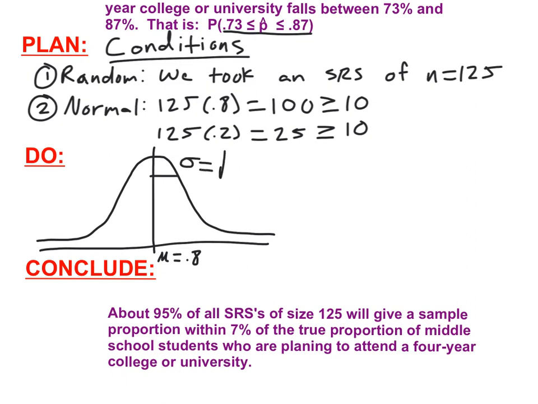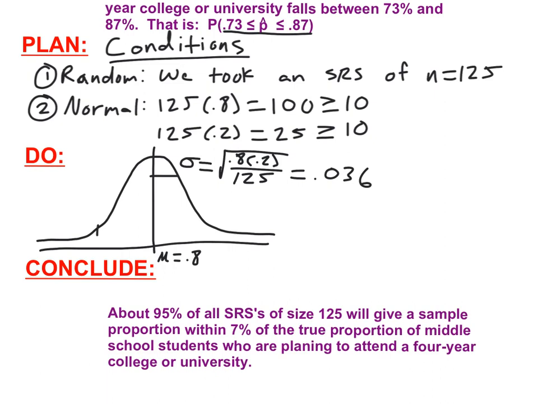Our standard deviation would be the square root of 0.8 times 0.2 over 125, so about 3.6% of variation on average from the mean. A little bit more than the previous slide. Our sample size is a little smaller.